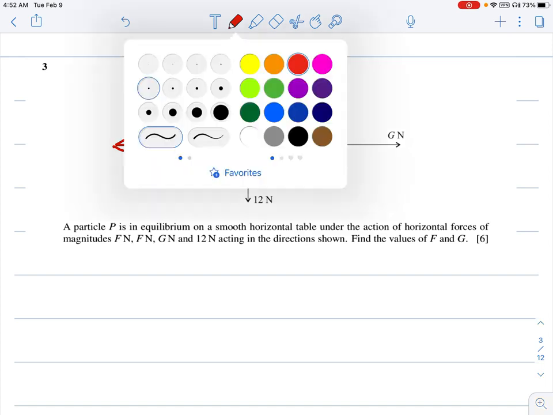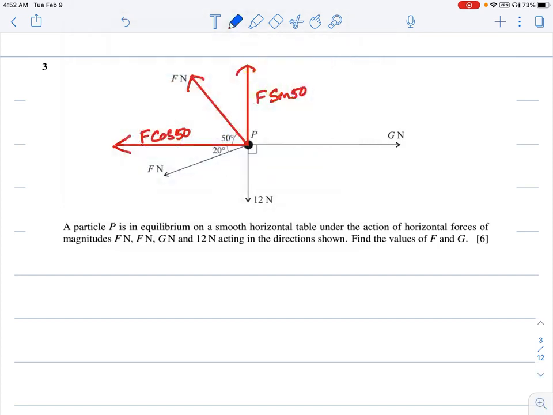Now coming to the other force F. So I resolve, let it be in blue color, one downwards and one towards the left side. So F cos 20, then F sin 20.